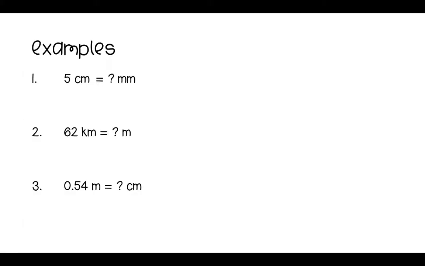Let's do some examples. So 5 centimetres equals how many millimetres? Centimetres to millimetres, we're multiplying by 10, so we move the decimal point 1 place. We learnt this the other day when we looked at multiplying and dividing by multiples of 10.